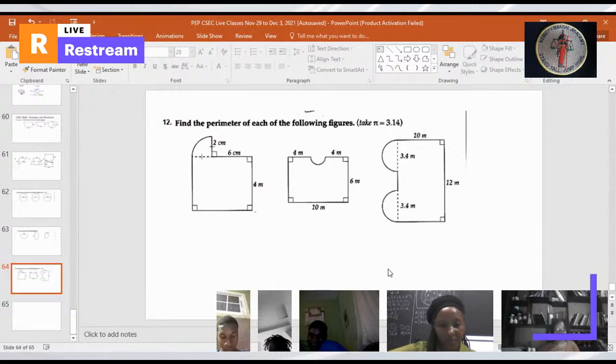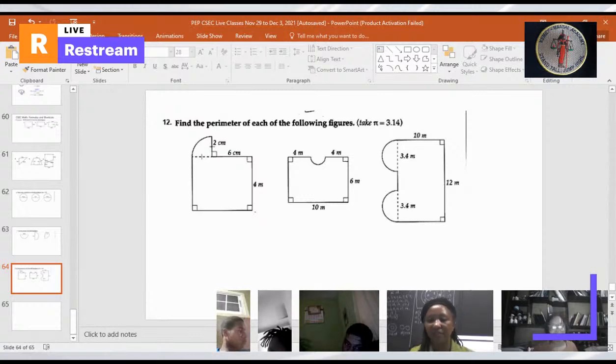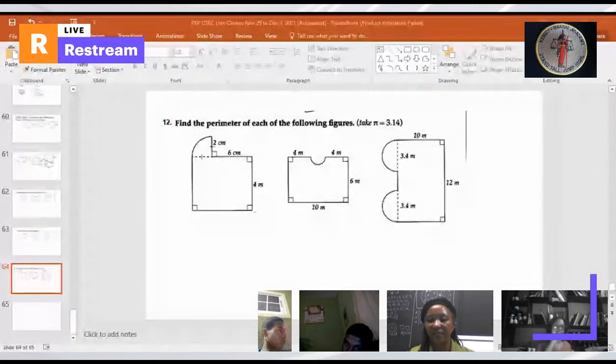So find the perimeter of the first shape. What's the perimeter of the first shape? Let me hear the ideas.